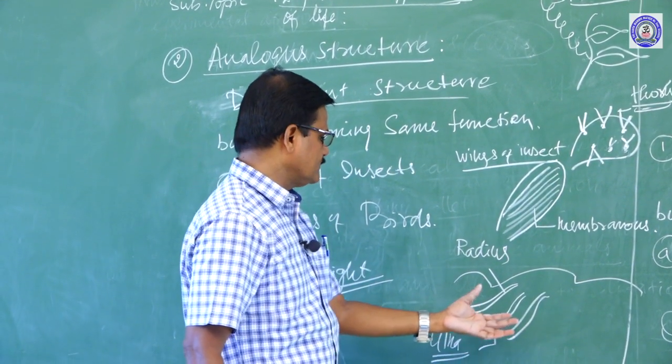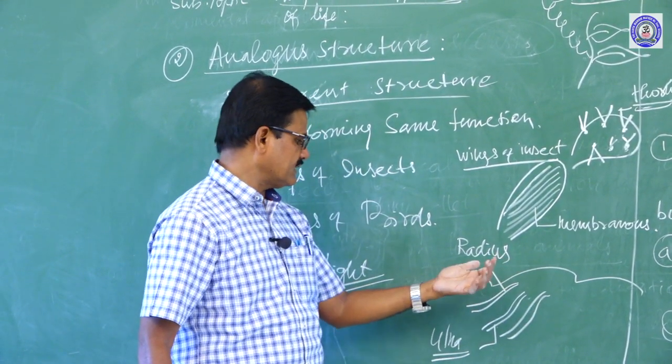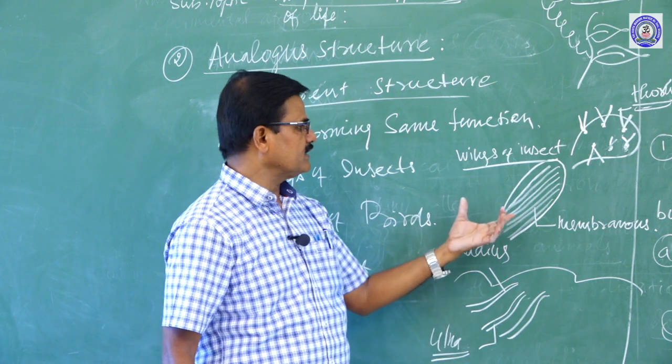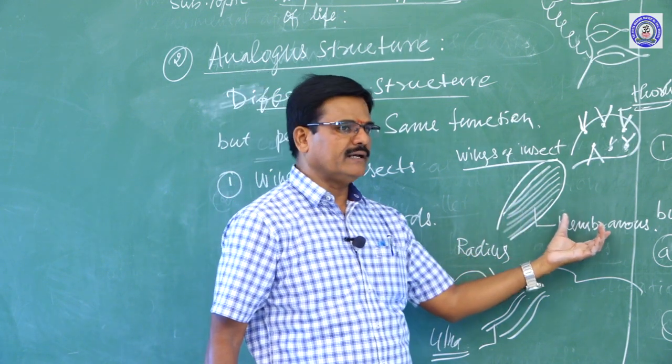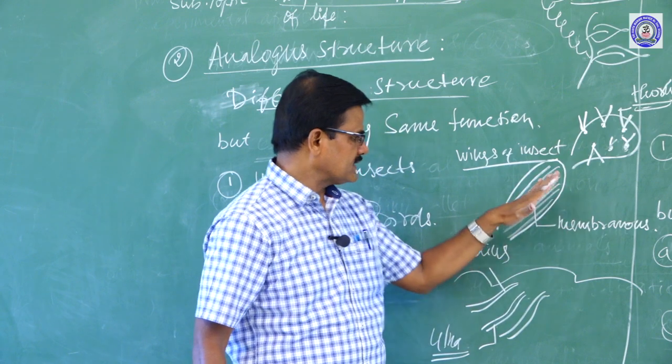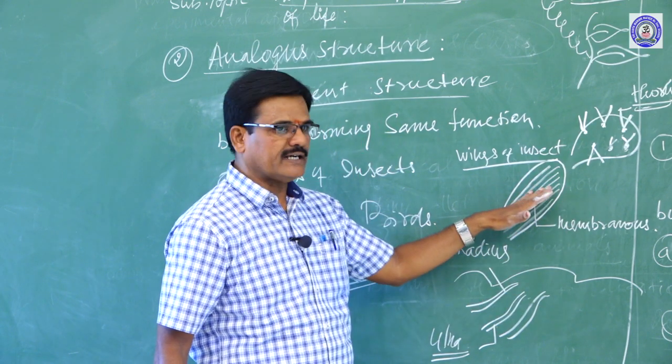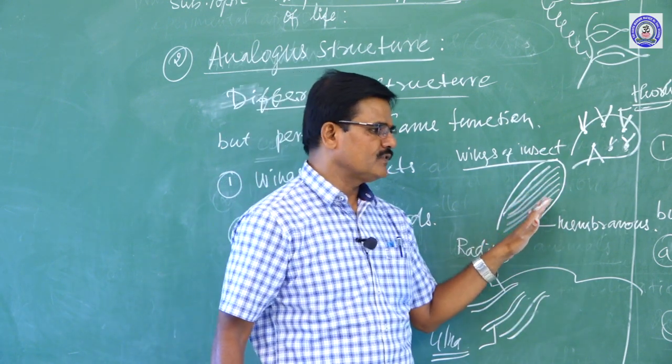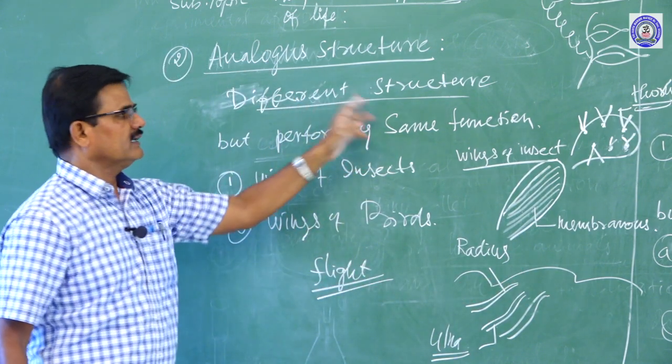So we can say the bird's wings contain bones like radius and ulna. In the case of insect wings, this is a membrane, there is no bone. The structure is entirely different but the function is the same. So that is called an analogous structure.